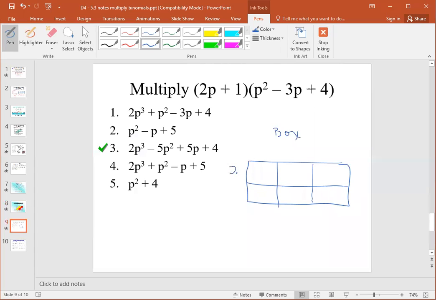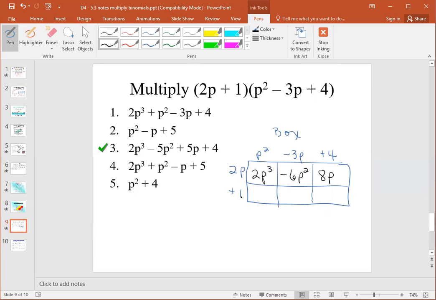So I'm going to have 2p and plus 1, and p squared minus 3p and positive 4. We're going to multiply through here. 2p times p squared is 2p cubed. 2p times negative 3p is negative 6p squared. 2p times positive 4 is 8p.